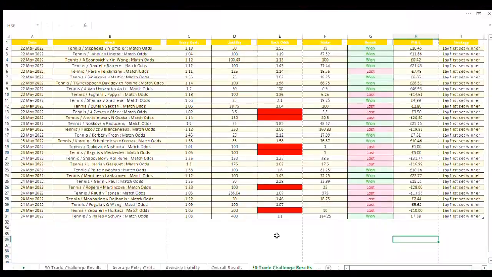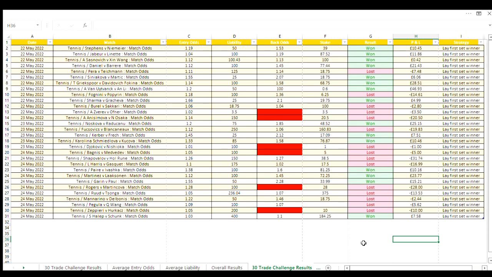So if you saw my last video where I spoke about my results from the 30 trade challenge, you would have seen this screen previously. This is essentially my recording of the trades that I did as part of the 30 trade challenge. Just to give you a brief run through of what we've got here on the screen, on the left hand side in column A we've got the date that the trade took place.